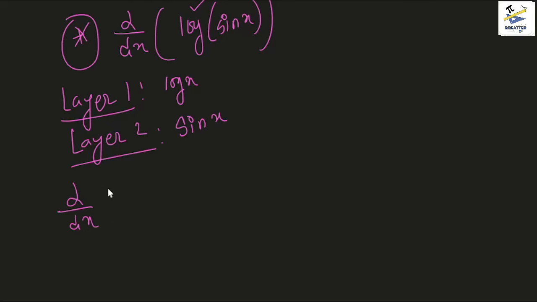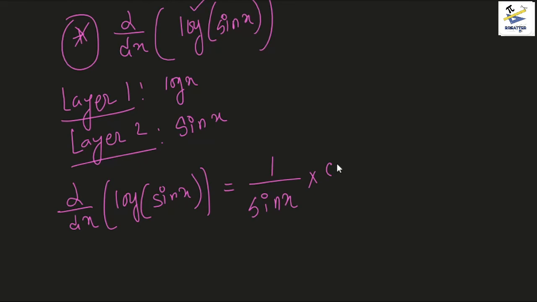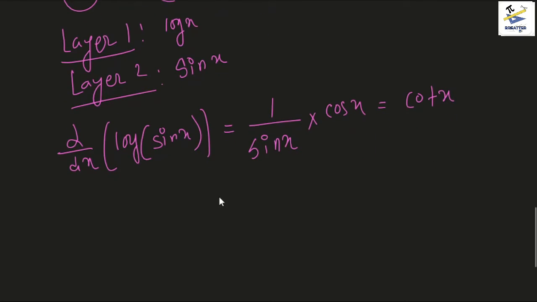So d/dx of log of sin x is simply equal to, firstly we do the d/dx of log x, which is 1 by sin x, and then we do the differentiation of sin x, which is cos x, right? And cos x by sin x is simply cot x. So you see we have got the answer. d/dx of log sin x is just cot x. Okay, so this is not really a very hard one to be done. Let us move to other examples.